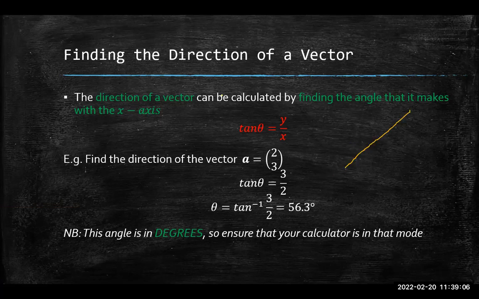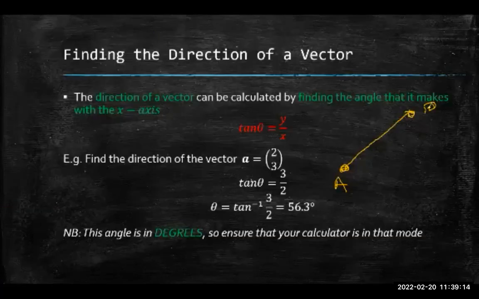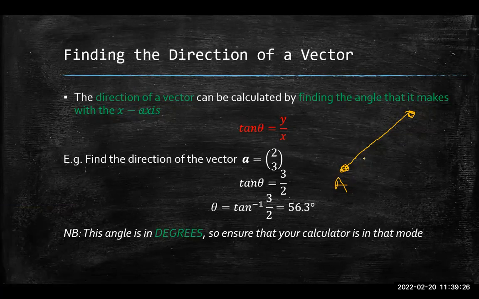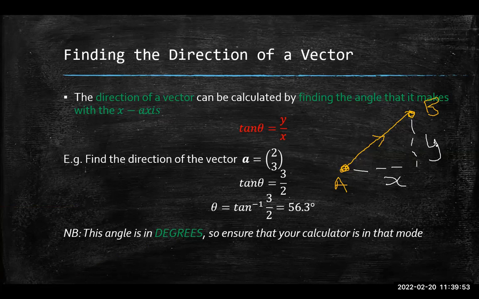We're going back to the A and B, so let's just stick with A and B. This is my point A, this is my point B. We're going from A to B. When I draw this, we know that this displacement right here represents my X, and this is my Y.